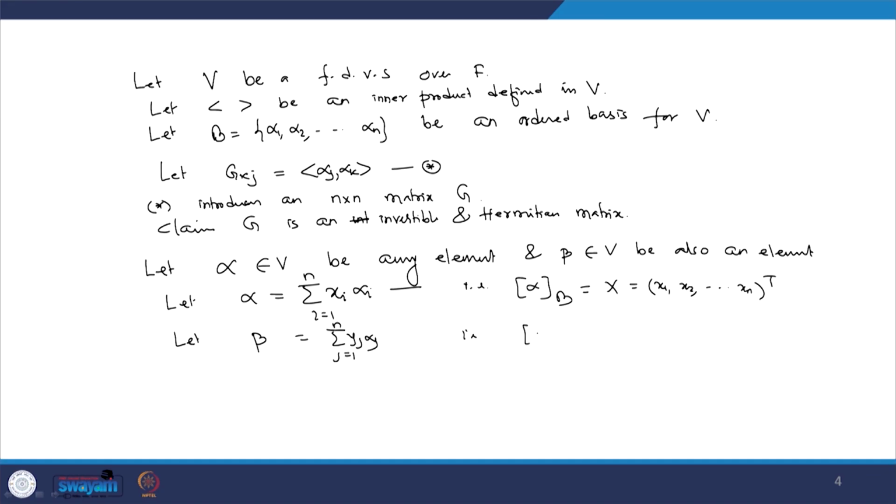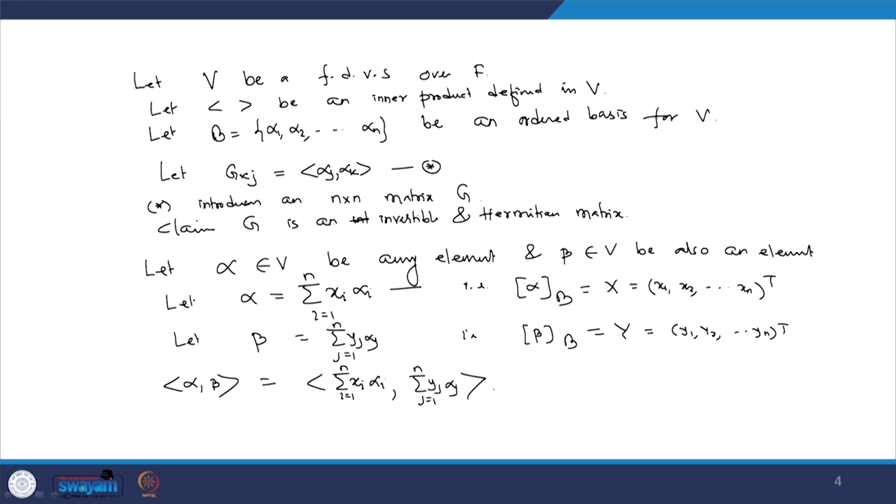That is, the coordinate matrix of beta with respect to the ordered basis B equals say capital Y, which is y1, y2, up to yn transpose, please. So now the inner product of alpha beta will be equal to what? This will be equal to the inner product of alpha equal to the sum of xi alpha i, i equal to 1 to n, comma, the sum of yj alpha j, j equal to 1 to n.